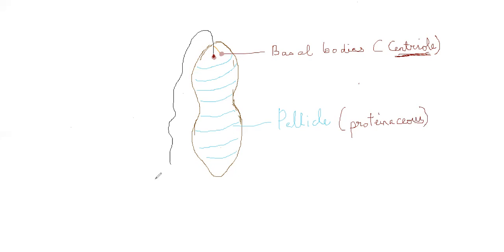Now, close to the origin of these flagella, there is an orangish spot, a reddish orange spot, which is known as stigma.